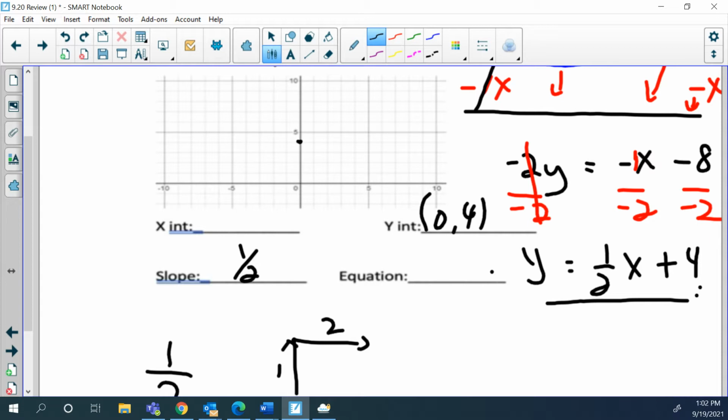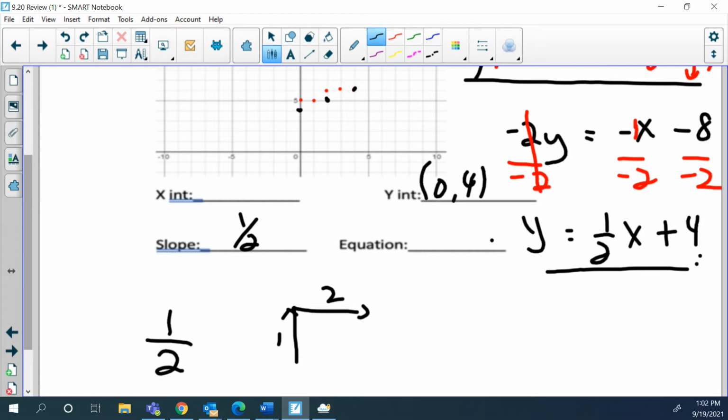Now, according to my slope, I'm going to go up 1 and to the right 2. So up 1, 1, 2. So that's my point right here. But guess what? I'm going away from the x-axis, all right? So I need to go in the opposite direction. So what I'm going to do now is reverse it.